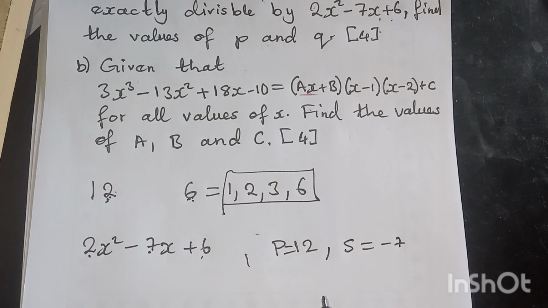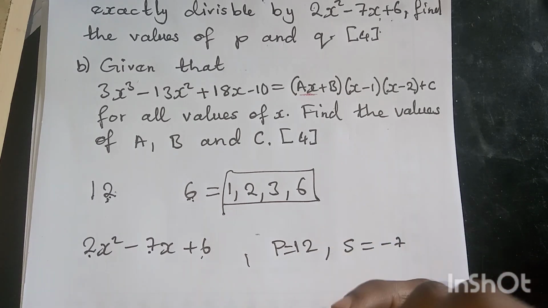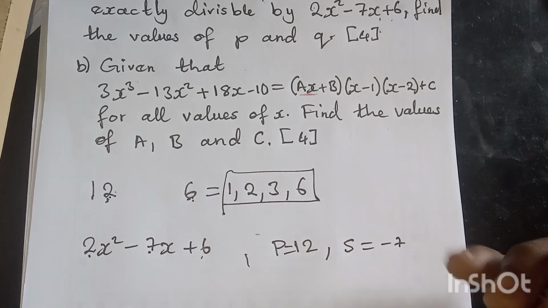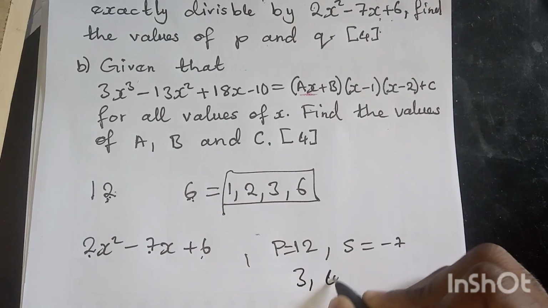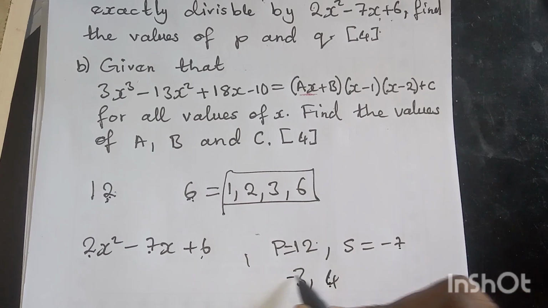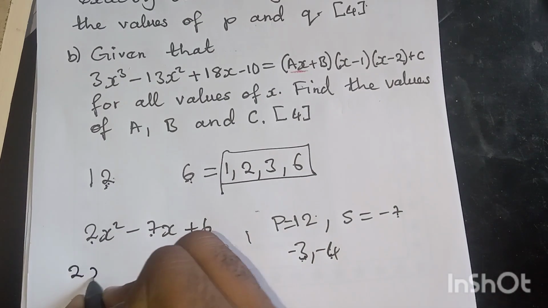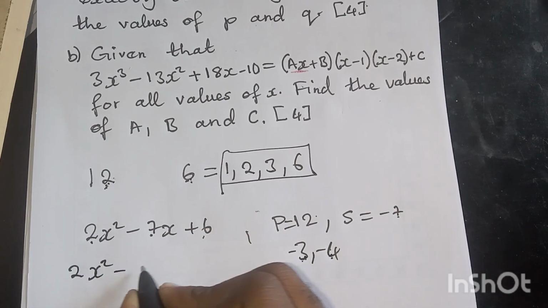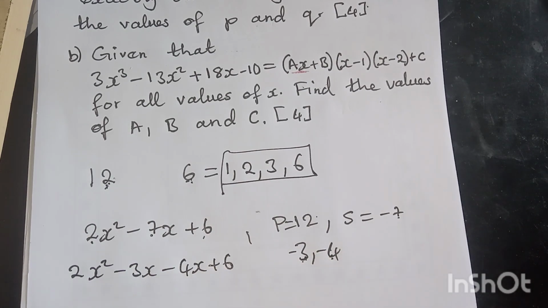So the factors in this case will be, 12 has factors like 2 multiplied by 6, 3 multiplied by 4. I think it's 3 multiplied by 4. This multiplied by this is 12. But when we add them, we are not getting this, so we can negate both of them. So in this case, we have 2x squared minus 3x minus 4x plus 6.